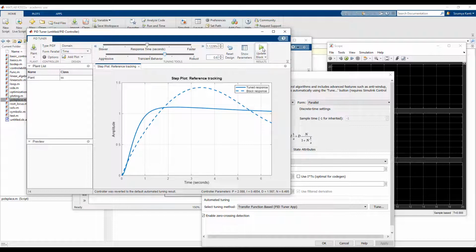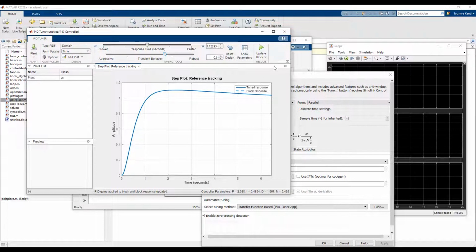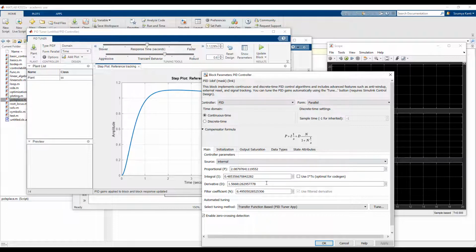Okay, and you can have this update block option, right? You can press this and it will apply all the PID values it has generated to the normal PID block here.